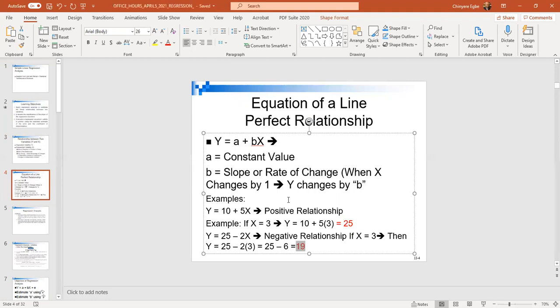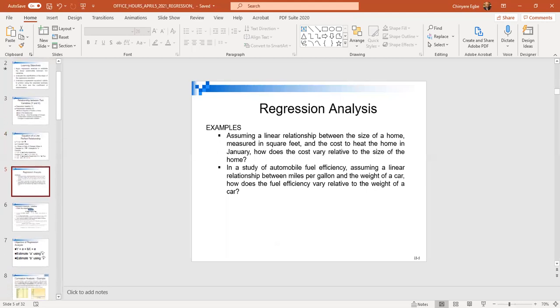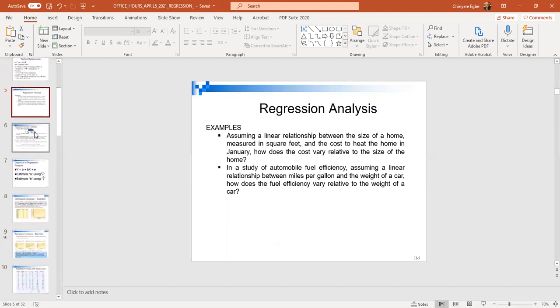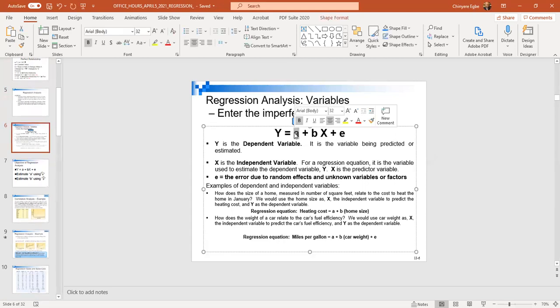So the problem that you have in your assignment, the way to solve it is to estimate this linear relationship, which we're going to do very soon. All right, so again, we're going to try to estimate Y equals A plus BX, where A, for example, will be the minimum cost of maintaining a bus.